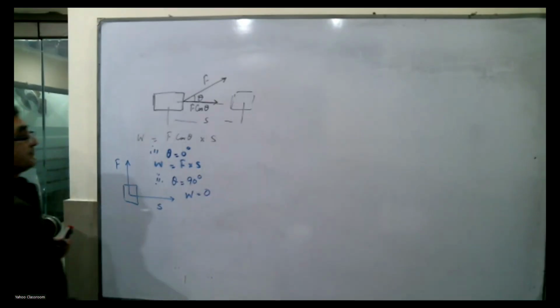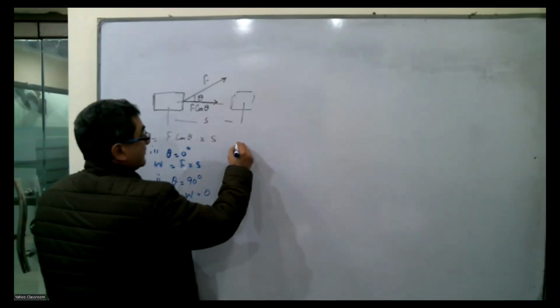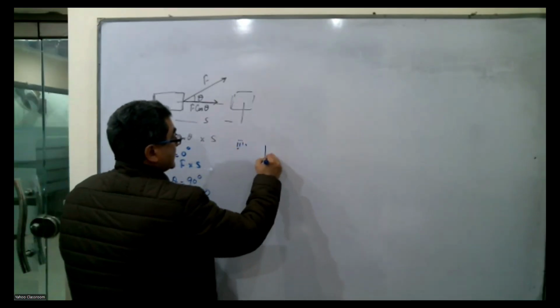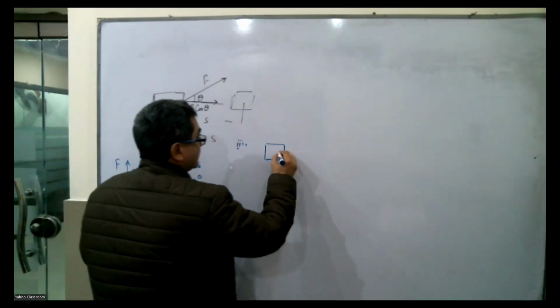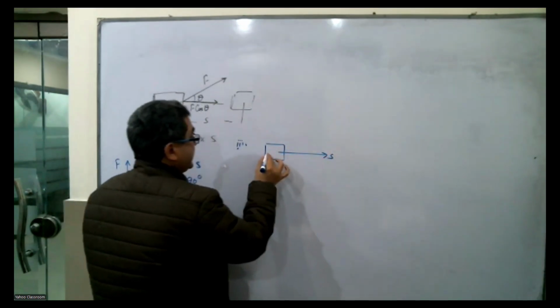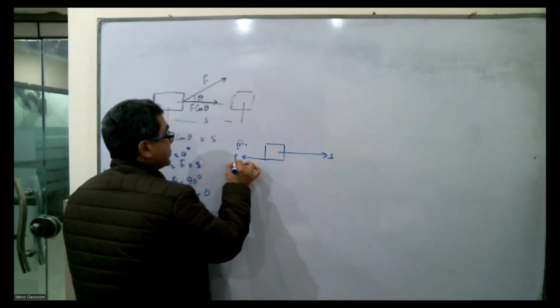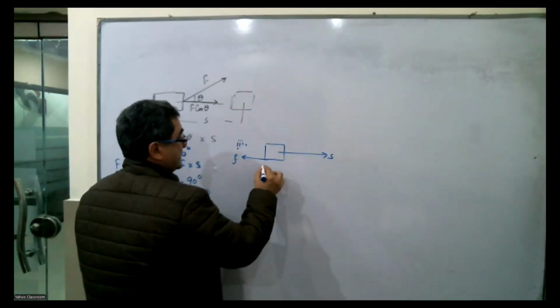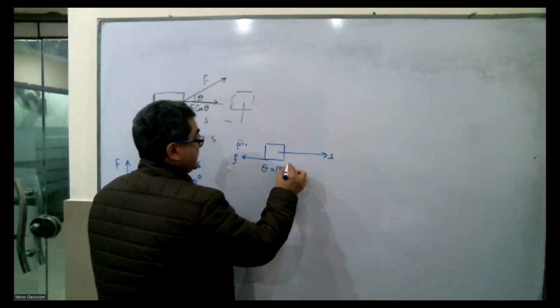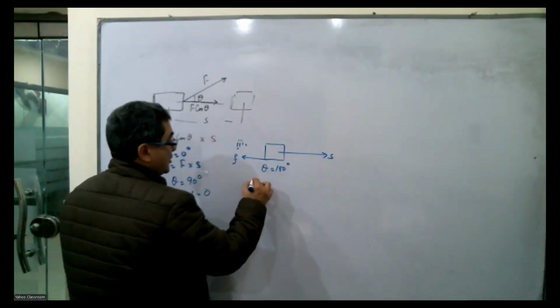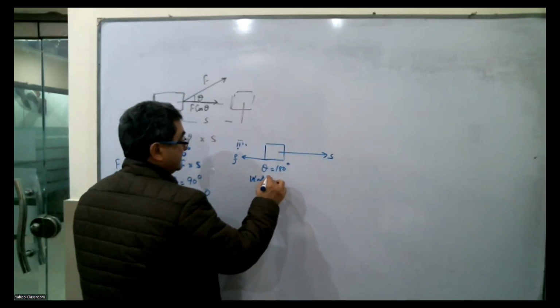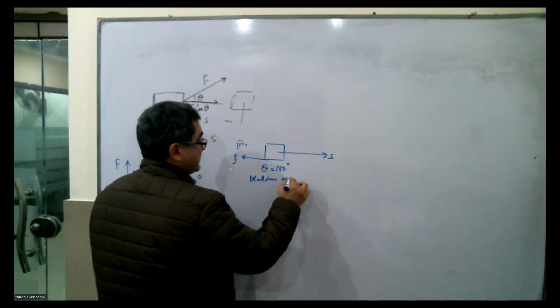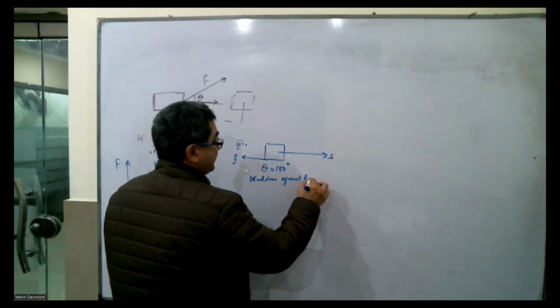Third case: F and S. S is towards the right, force is in the opposite direction. Theta is equal to 180 degrees. This is called work done against resistive forces.